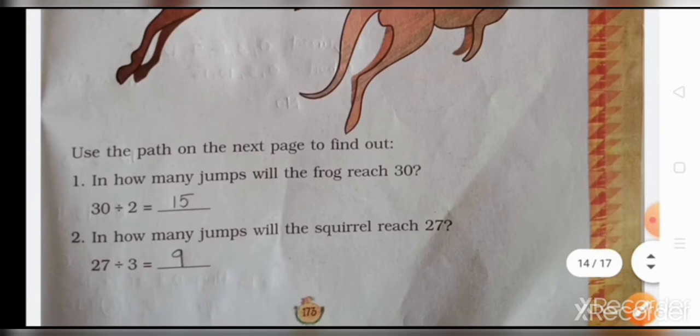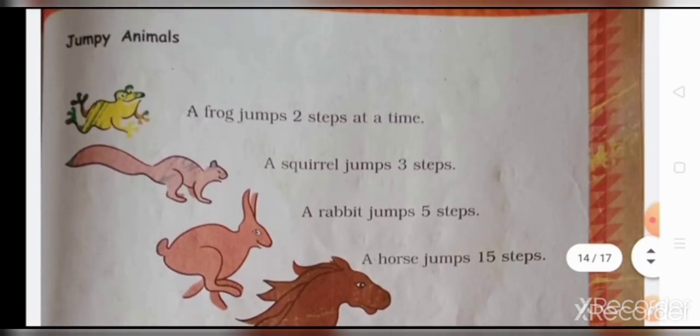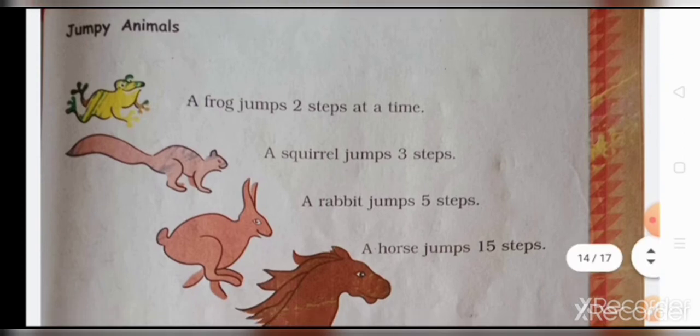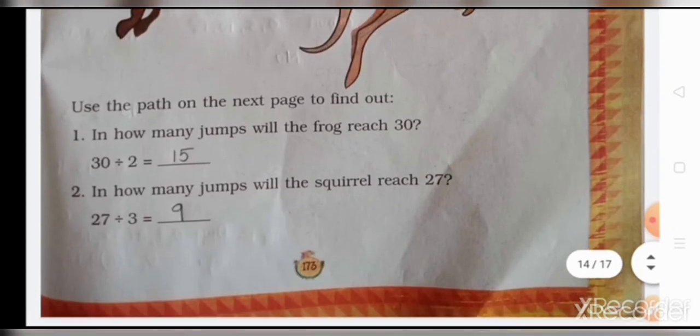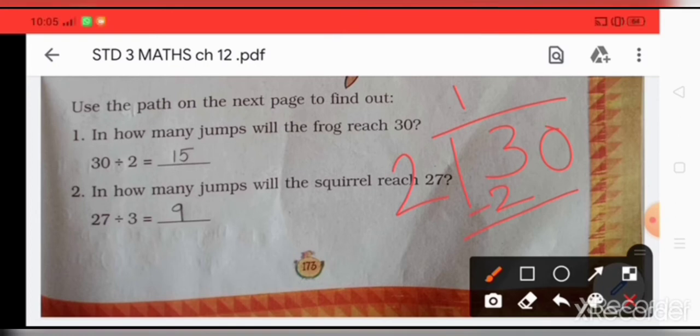Use the path on the next page to find out in how many jumps the frog will reach 30. Then the frog jumps how many steps at a time? 2 steps. Then to reach 30, how many times will it take? 30 divided by 2. In the 2 table, how many times does 3 come? 1 time. 2 1s are 2. 3 minus 2 is 1, and 0 here.